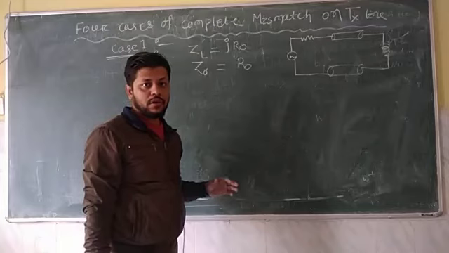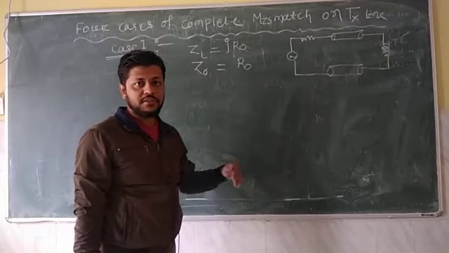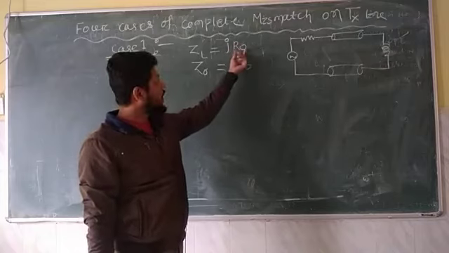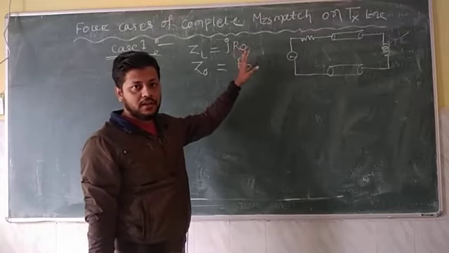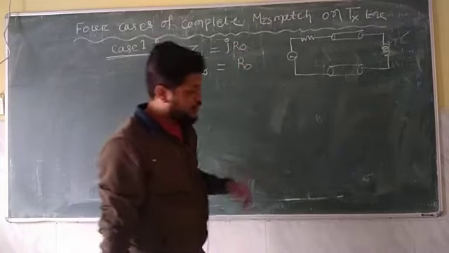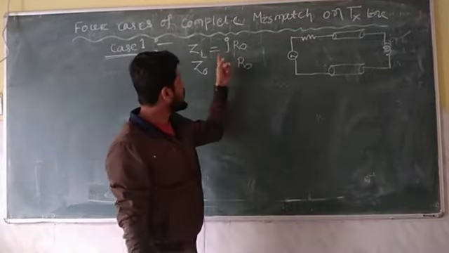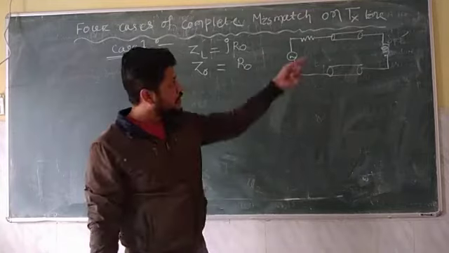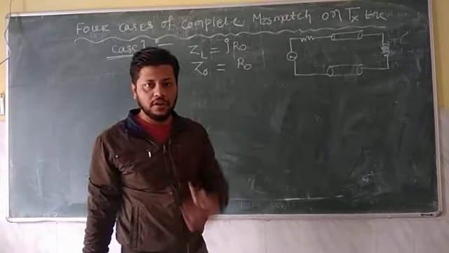For an inductor, how do you write the impedance? j omega L. Instead of omega L, which is the real parameter, I am denoting it here as R0. So when we see jR0, that means the load nature is inductive. Here the load is purely inductive.